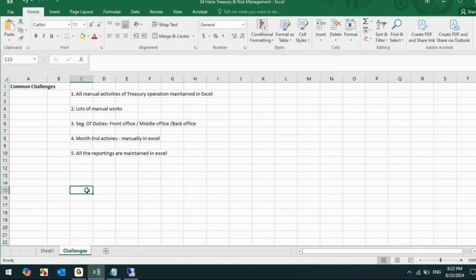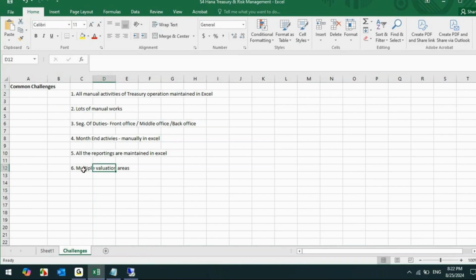And when you have to maintain multiple books of account, multiple valuation areas, that is also a challenge. Again, the same report has to be maintained for multiple valuations and multiple books of account.